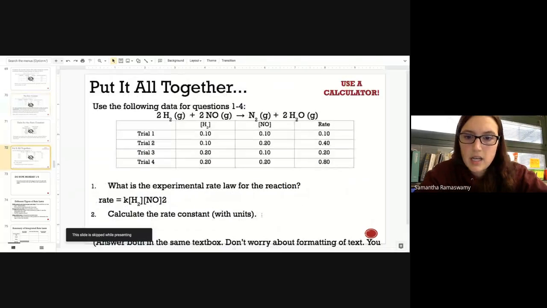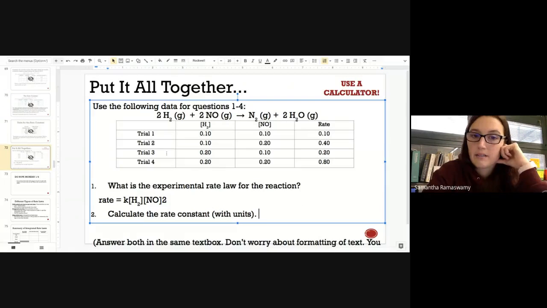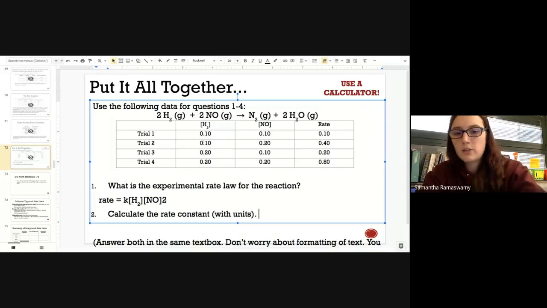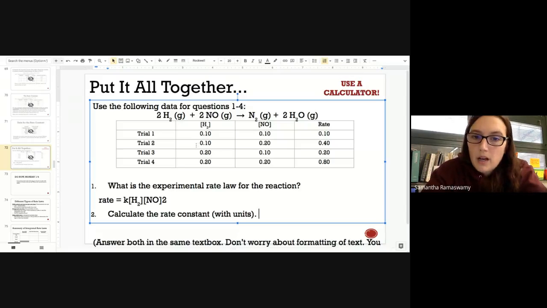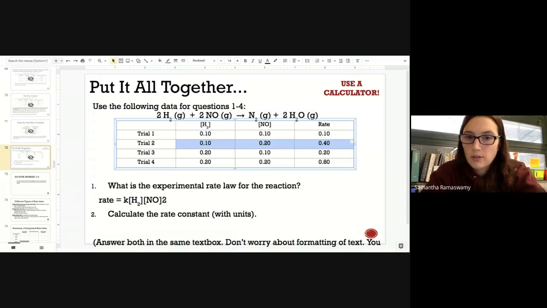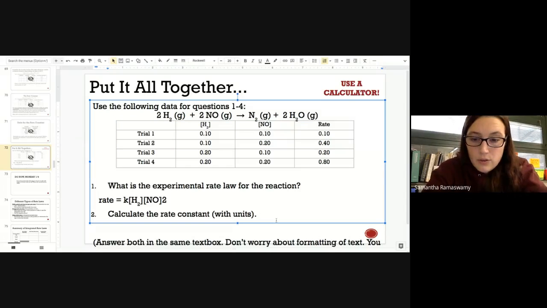To calculate the rate constant, let's pick trial 2. I'm going to plug these values from trial 2 into the rate law. So I'll do the rate, which is 0.40 molar per second, equals K times the concentration of H2.